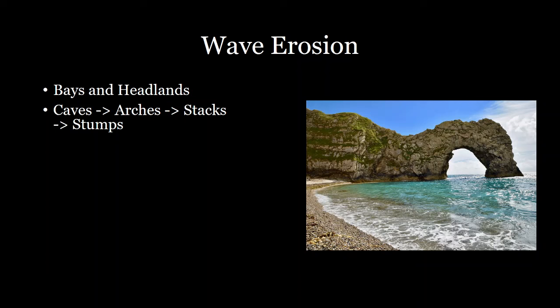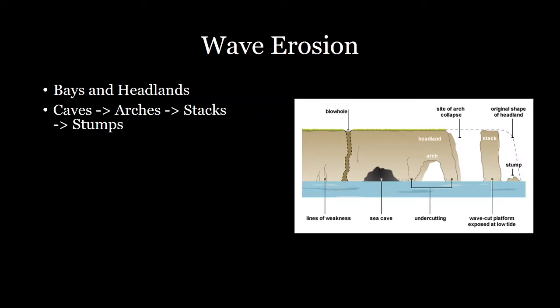As waves erode away at a headland, they tend to form a series of sequential geomorphic features, from caves to arches, such as the one that you can see here, a very pretty archway, to stacks and stumps. And so the first of which are caves.